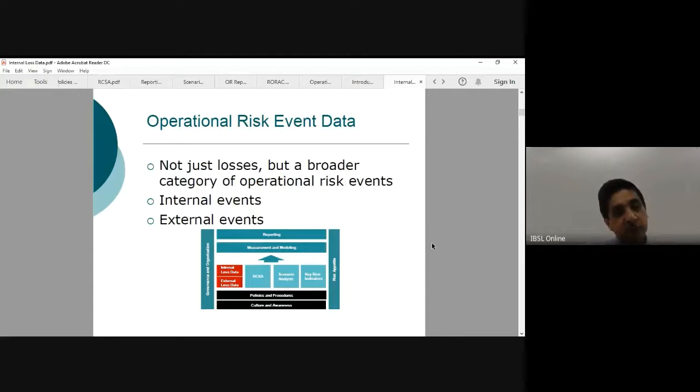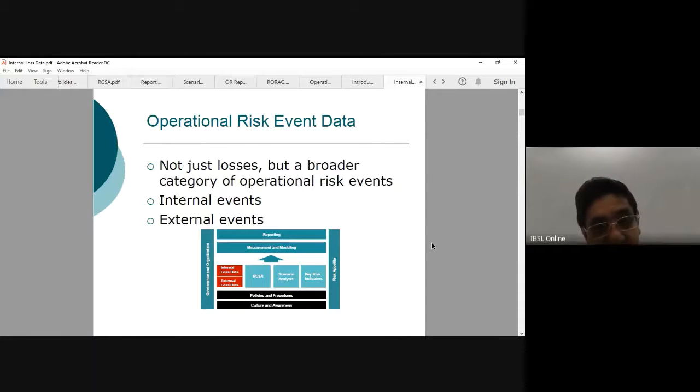Now, when you take into consideration this event data, it is not just losses, but a broader category of operational risk events. There can be internal events or external events. That is why we have two categorizations of internal loss data and external loss data.